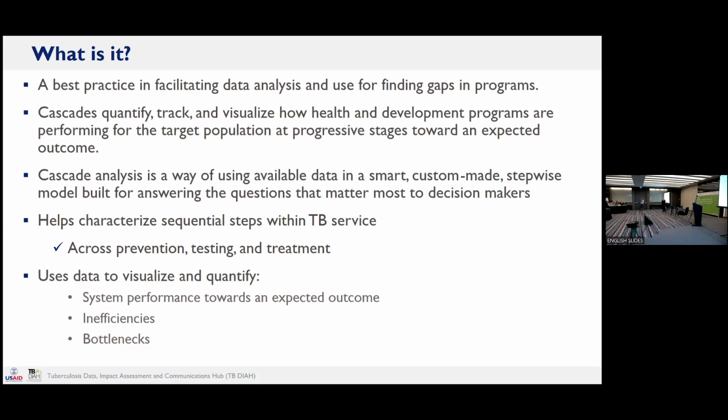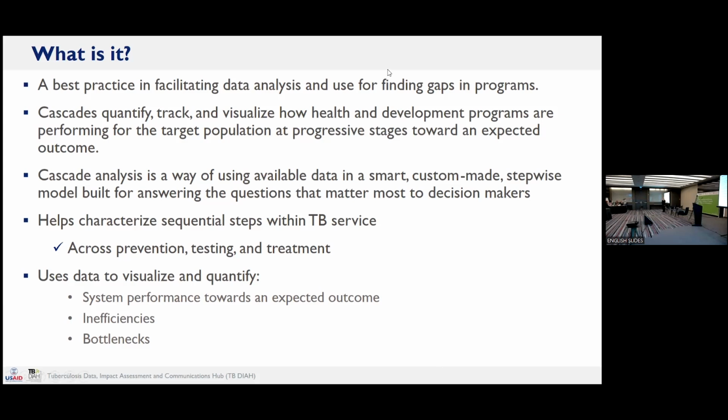Now, cascades quantify, track, and visualize the effectiveness of the programs and see how they're performing for the target population at progressive stages toward an expected outcome.